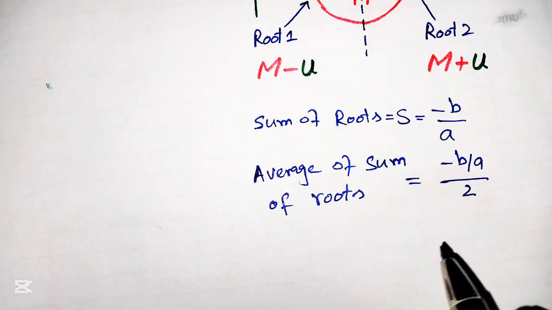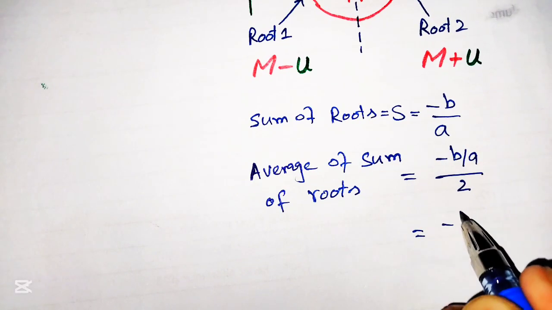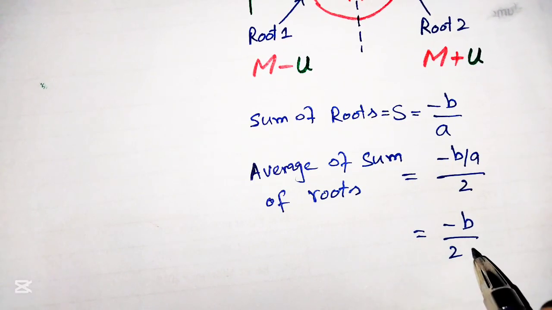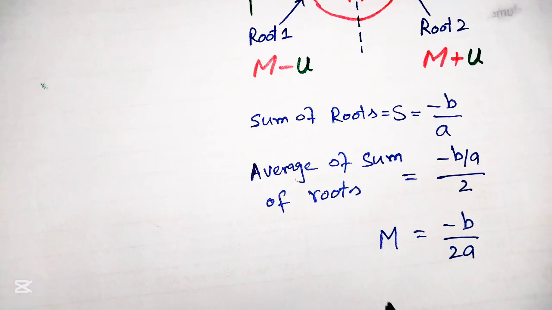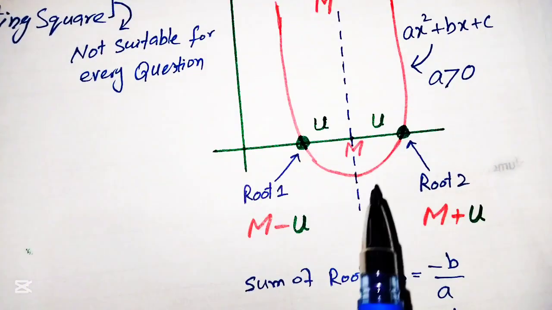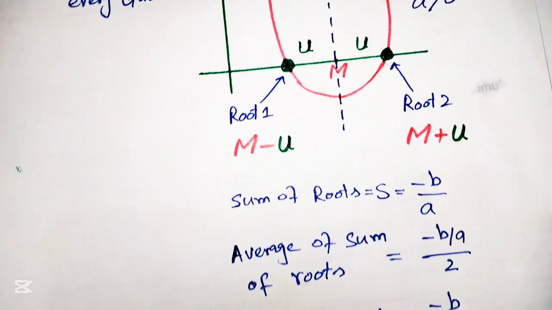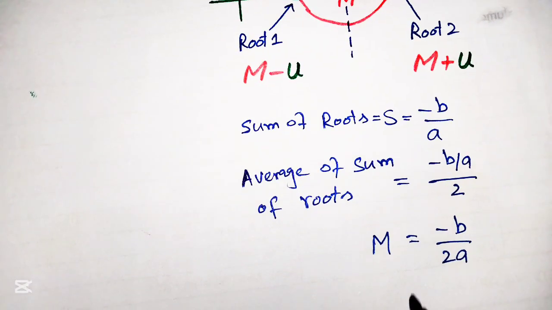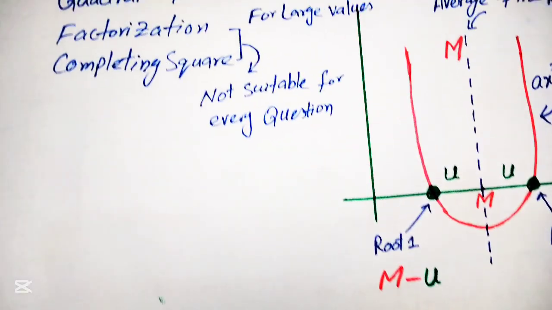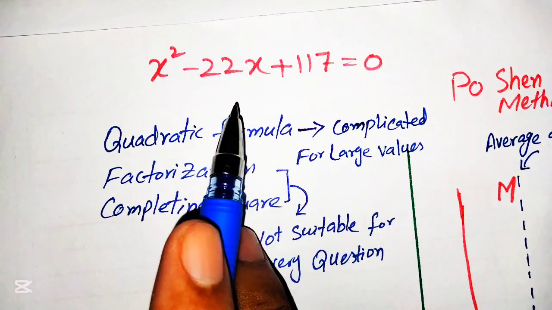That is, we can also write it as minus b over 2a. As we stated earlier, m is equal to the average of the roots, so m is equal to minus b over 2a. Now we will use this relation to solve this given quadratic equation.